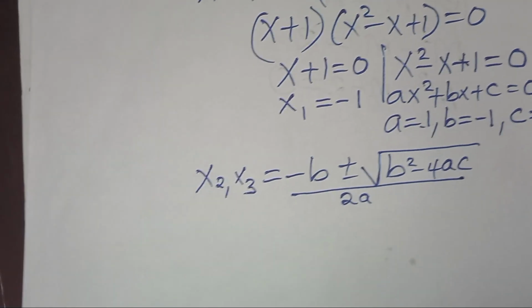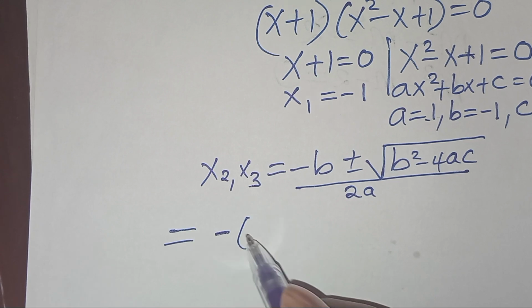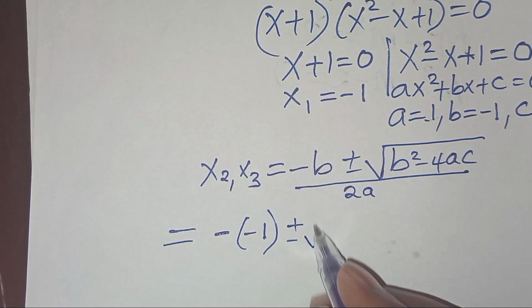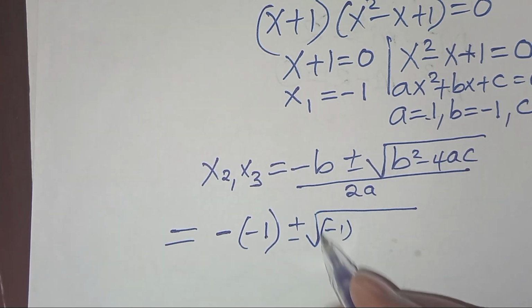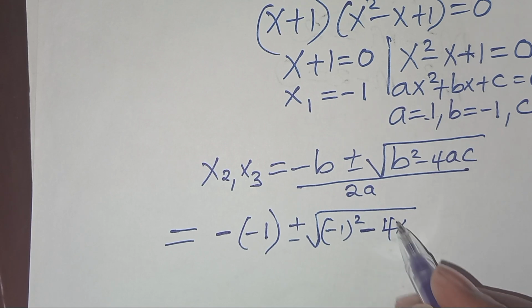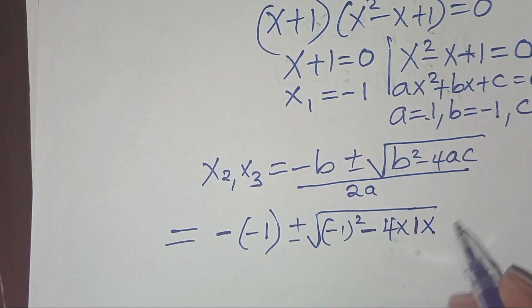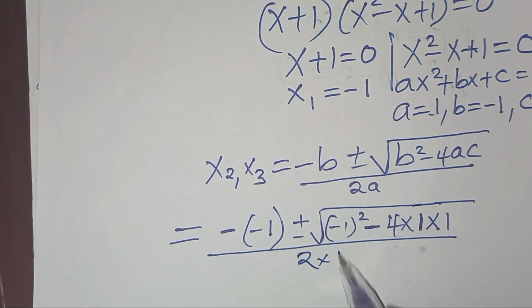So here, we'll have minus minus 1 plus or minus the square root of b squared here, this is minus 1 squared, subtract 4 times a, which is 1, times c, which is equal to 1 as well. So this is divided by 2 times 1.